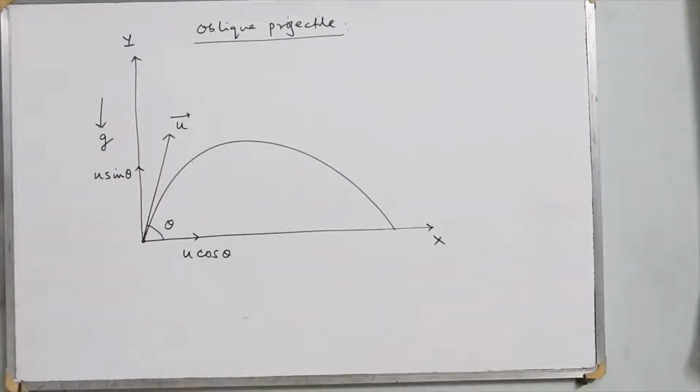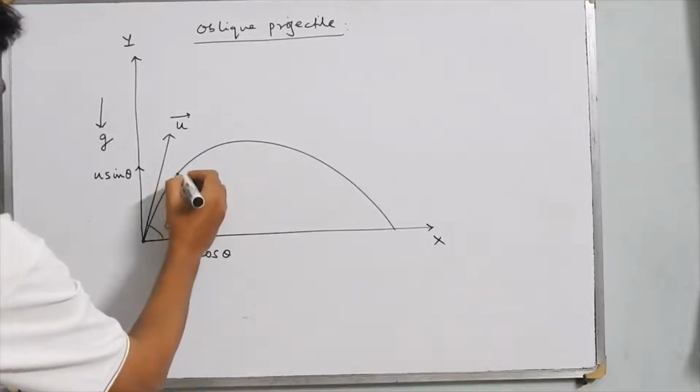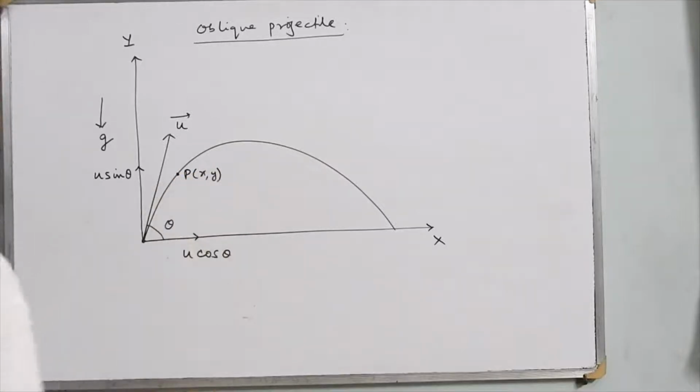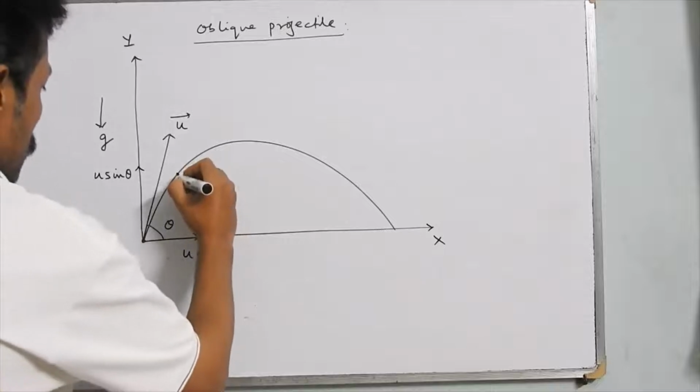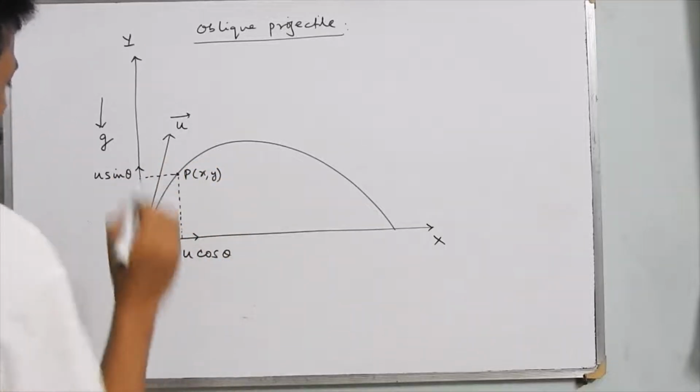So suppose the instantaneous position of the projectile is say P. P with coordinates x and y is the instantaneous position of the projectile. Instantaneous position means position at any time t. So this is obviously y and this is obviously x.